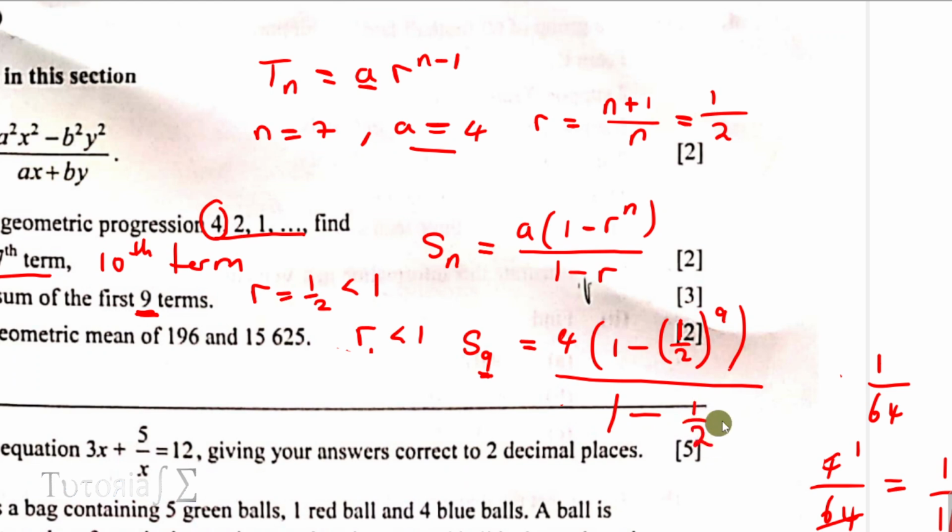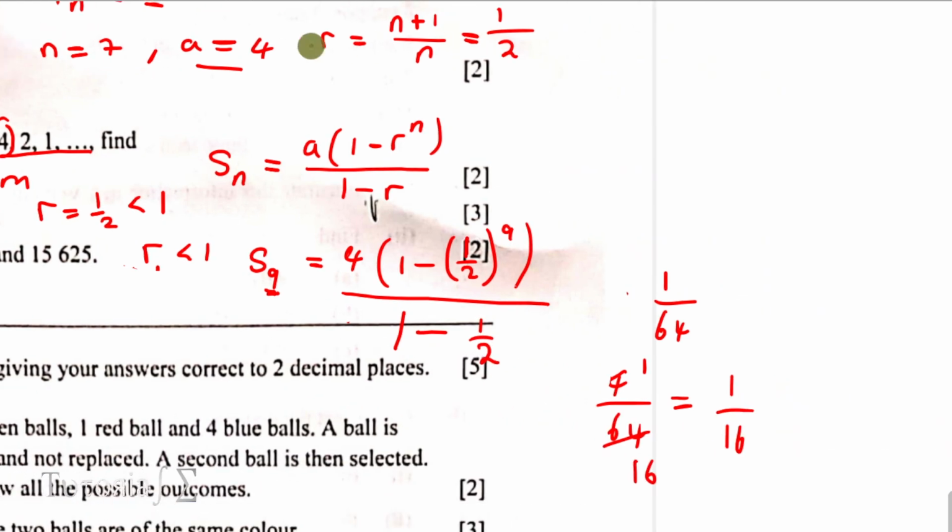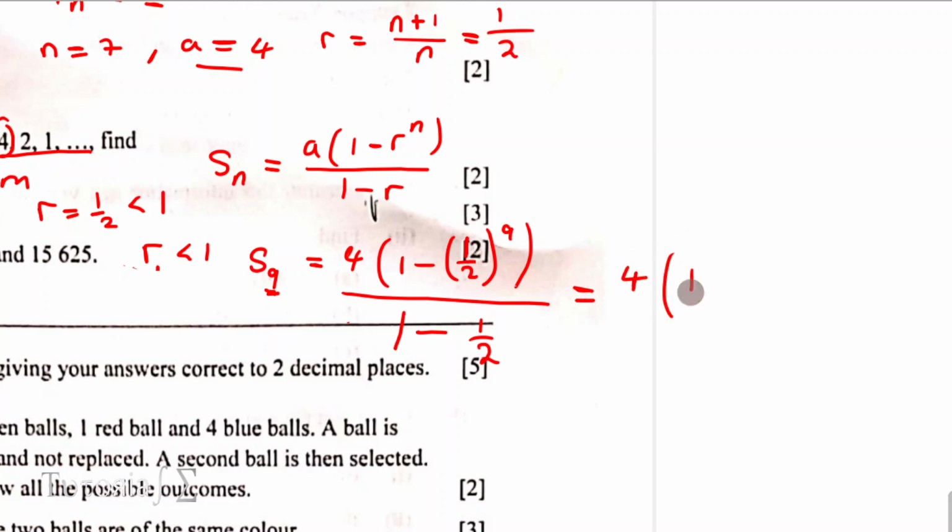Okay, so we'll just simplify this and we'll have found the sum of the first 9 terms. So this will be equal to 4 open brackets 1 minus. Here the power applies to both the 1 and the 2, so 1 minus 1 to the power 9 over 2 to the power 9. Then down here we have 1 minus half, which is just half.